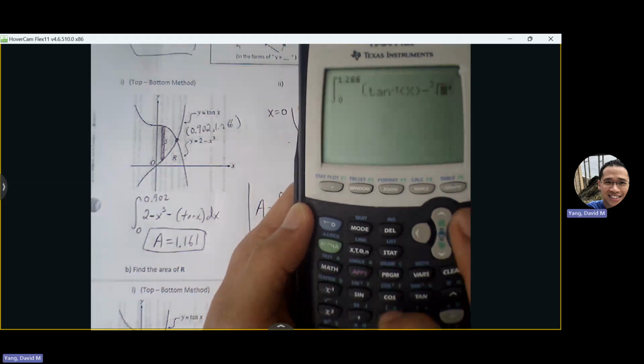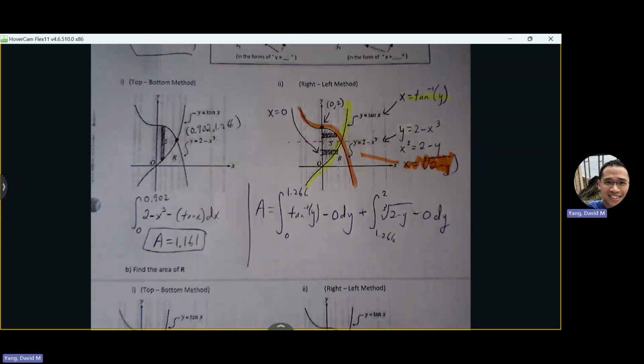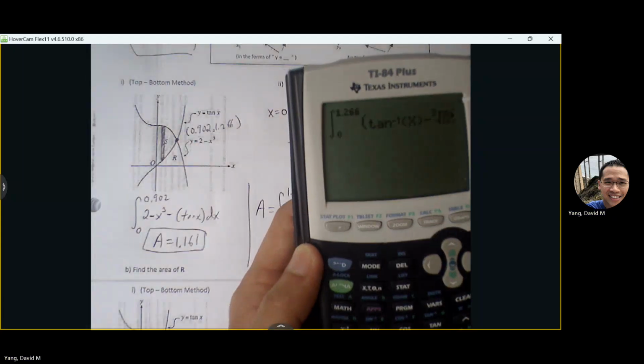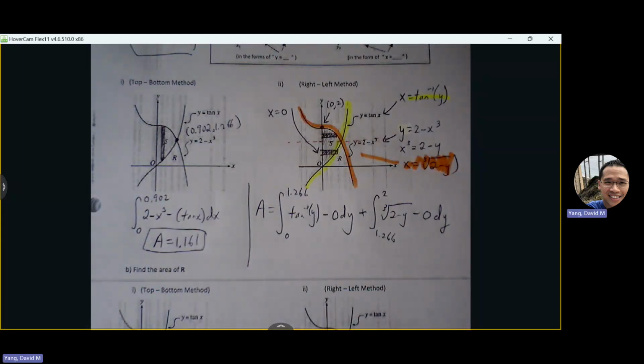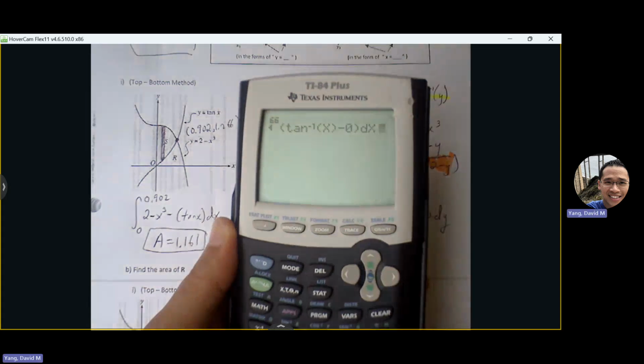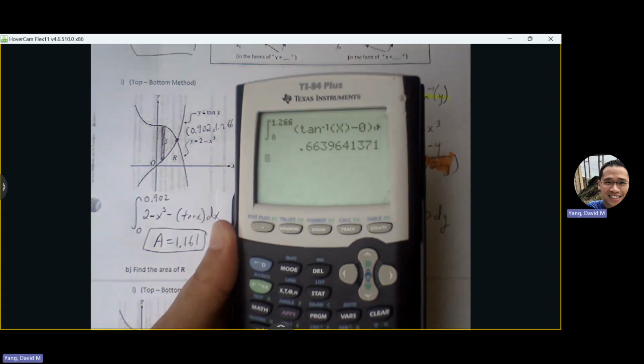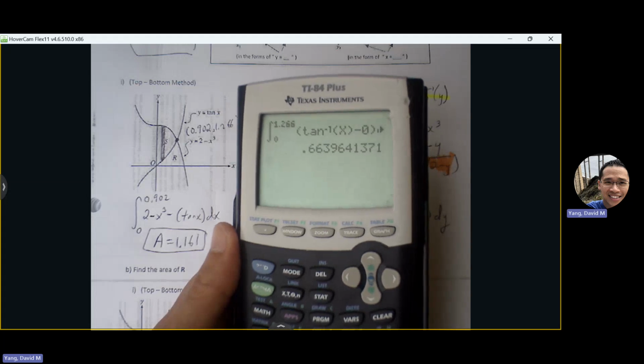Math 4, cube root of 2 minus y. Oh, sorry, my bad. I should close this off, right? Because it's minus 0. I can drop that 0 if I like. But we know the bottom portion is 0.664.